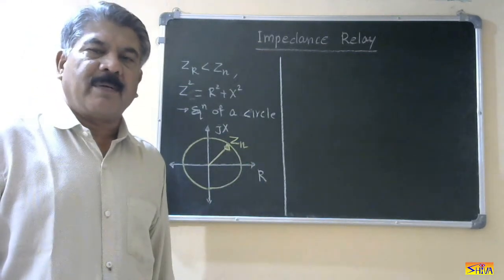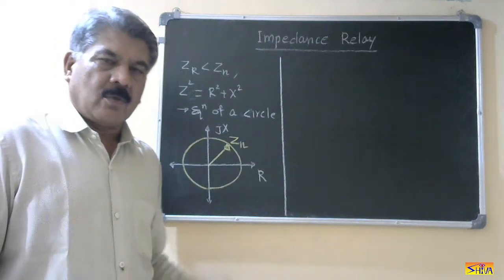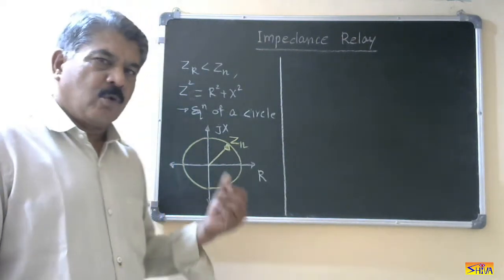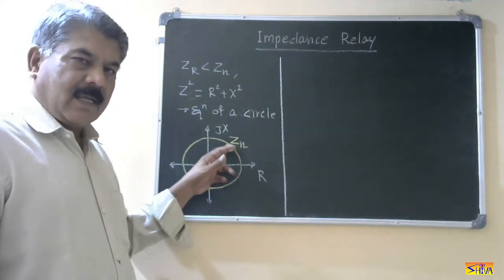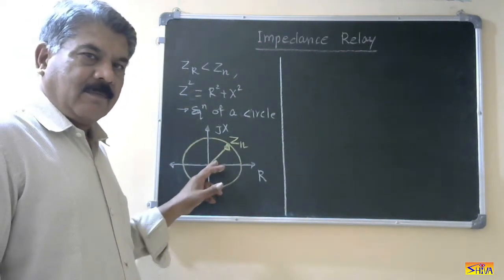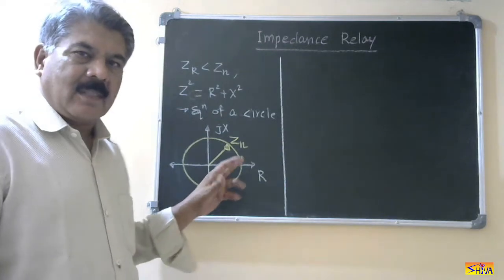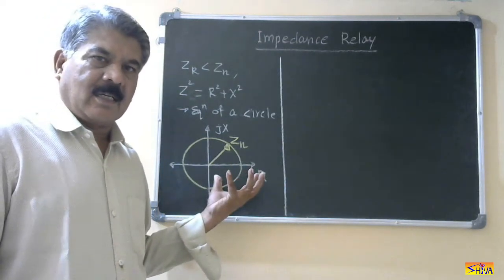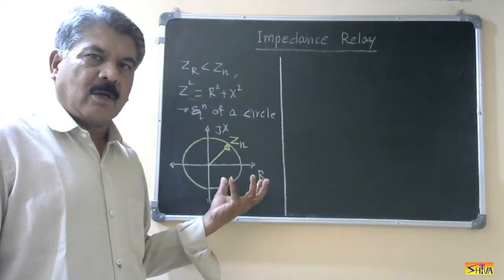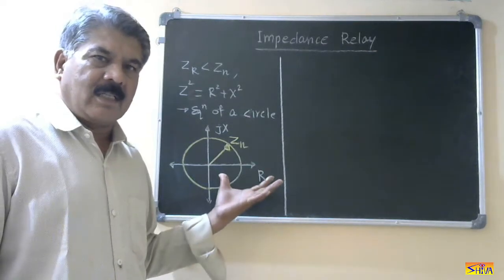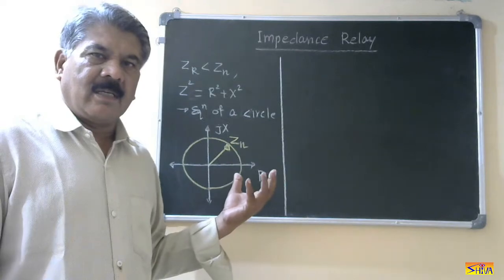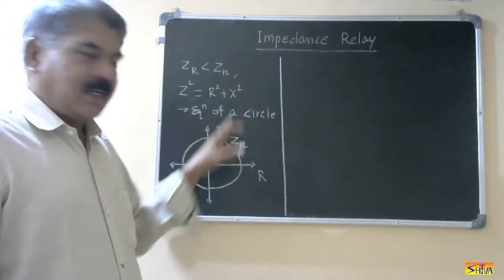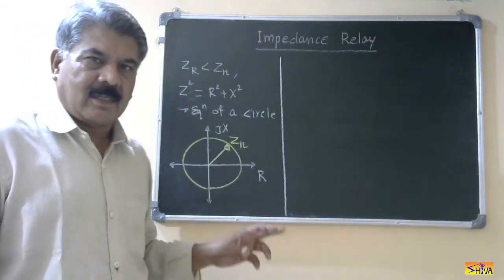Zn is impedance setting of the relay. So all the impedance vectors whose tip lie inside this circle cause the operation of the relay. So inside this circle, it will be operating region or positive torque region. Outside this, it will be restraining region or negative torque region. So this condition will be satisfied inside this circle.